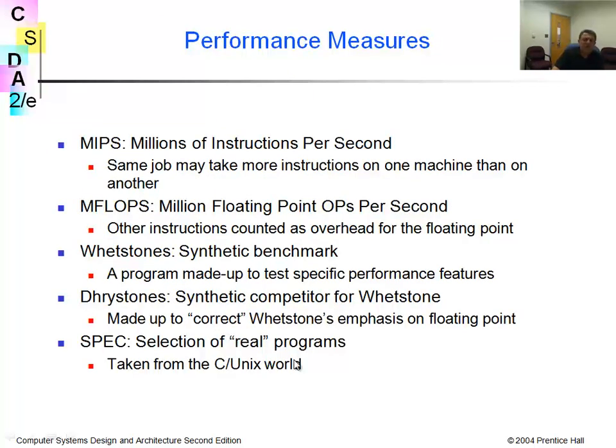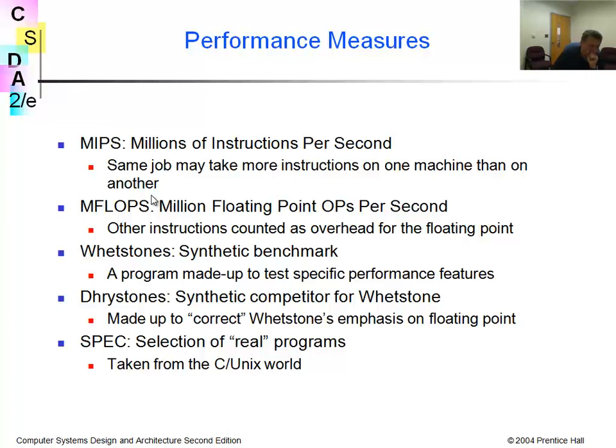Some of the performance measurements or measures that we use, one is called MIPS, or millions of instructions per second. So the same job may take more instructions on one machine than on another, right? It depends on how you design. Remember, we're going to make more sense out of this when we cover chapter 4.